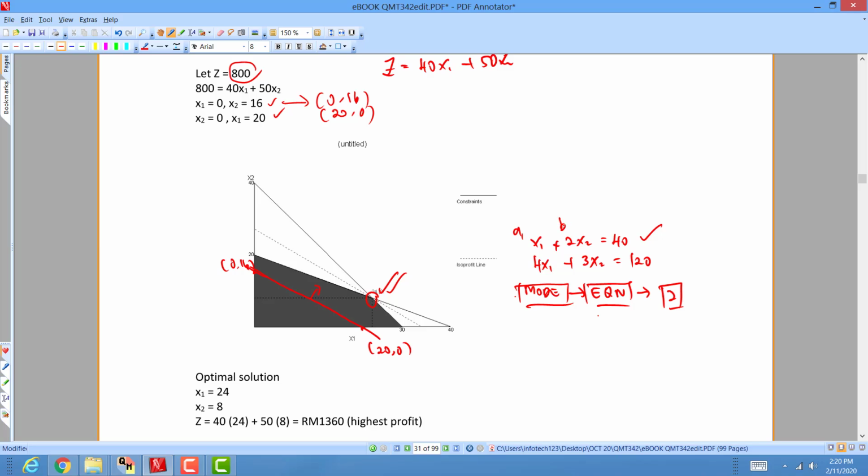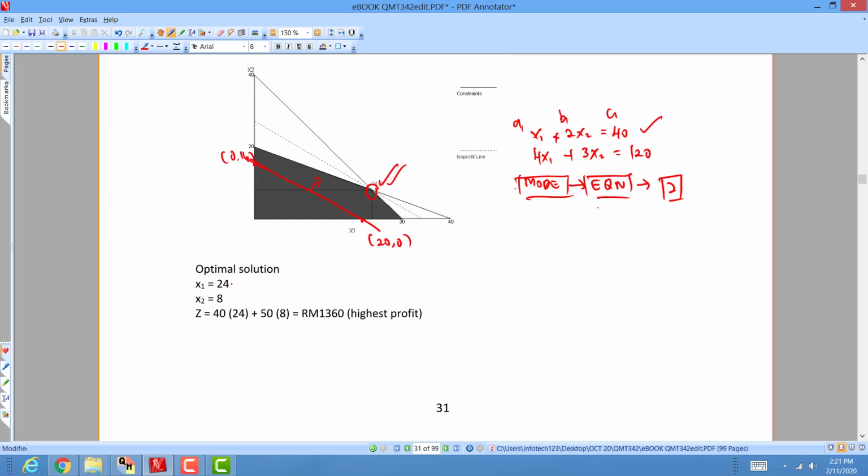A2 kita adalah 4, B2 kita adalah 3, C2 kita adalah 120. Then you can get solution for X 24, Y 8. So maksud dia apa? X1 kita 24, X2 kita adalah 8 lah. Okay, and you substitute this value into the equation of Z, you get the maximum value of profit.